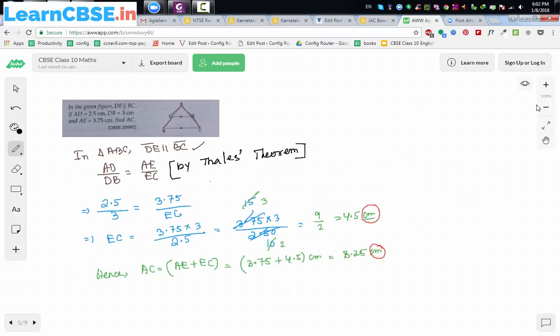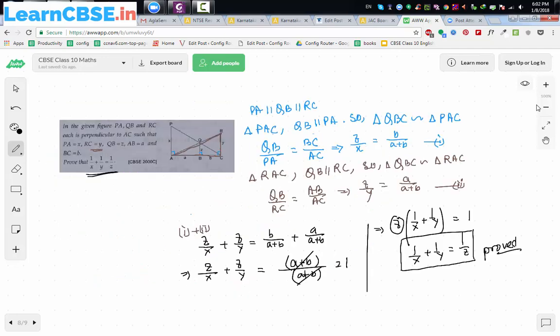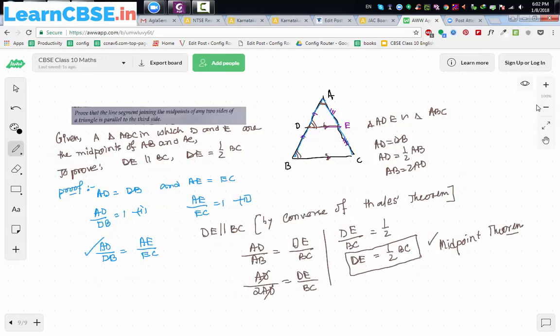We did a few questions based on the Thales theorem, and using it we also proved the midpoint theorem, which is one more very important topic in the CBSE syllabus. We have a lot of questions based on this. Next will be the angle bisector theorem. We will meet in the next session.